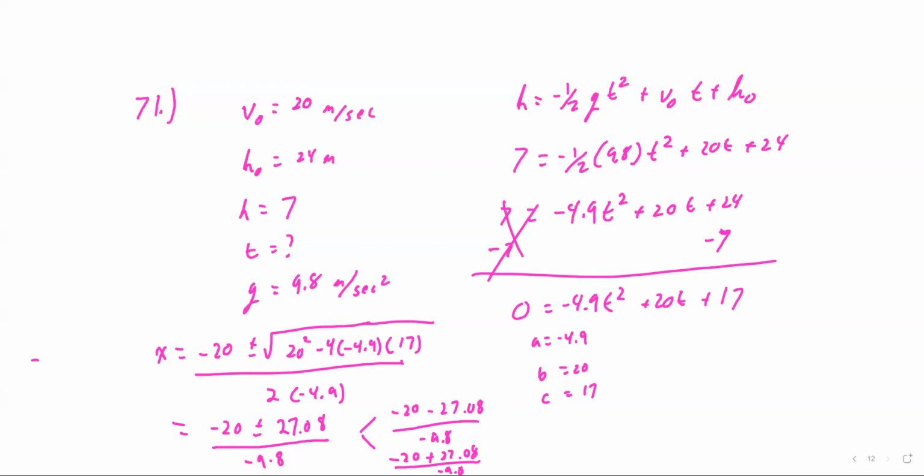And then I'm going to divide that by 9.8. I actually get about 4.8. And over here, I'm going to do the 27.08, I'll do the rounded. Take away 20. Divide that by 9.8. And the answer will be negative. So it'll be about negative 0.72. Can't be negative, so it must be 4.8 seconds.